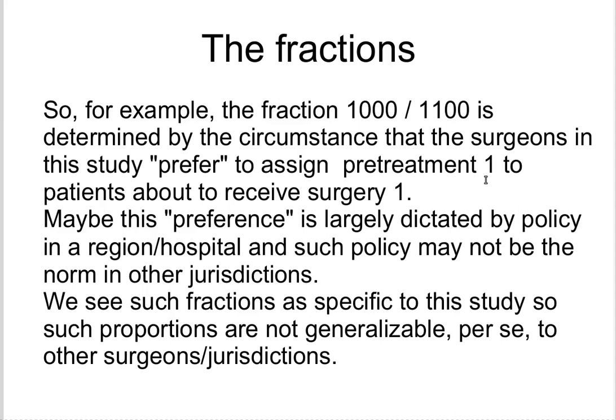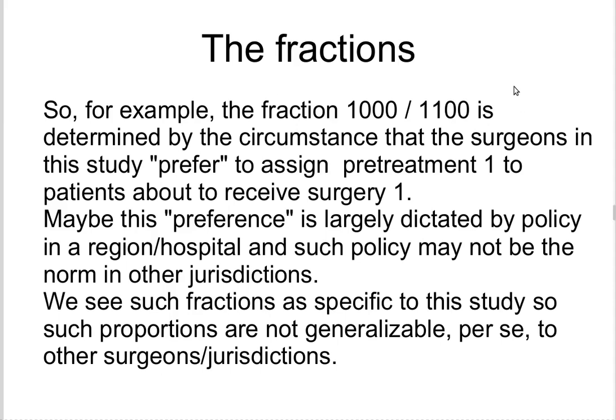Now, this could be policy in a region or some jurisdiction, or maybe specific to the surgeons that were in the study. It's of interest to notice then that such fractions, these weights, are specific to the study, and not generalizable typically to other surgeons or other jurisdictions.